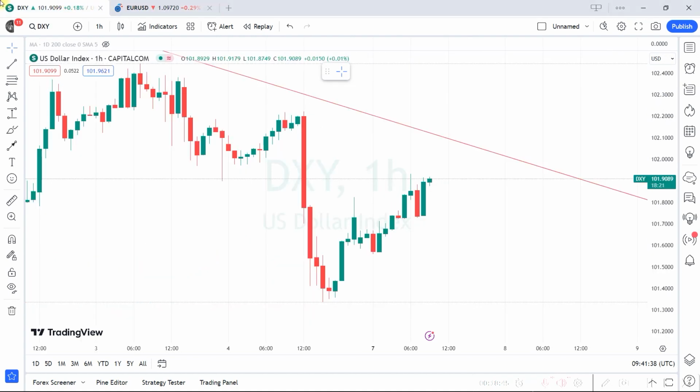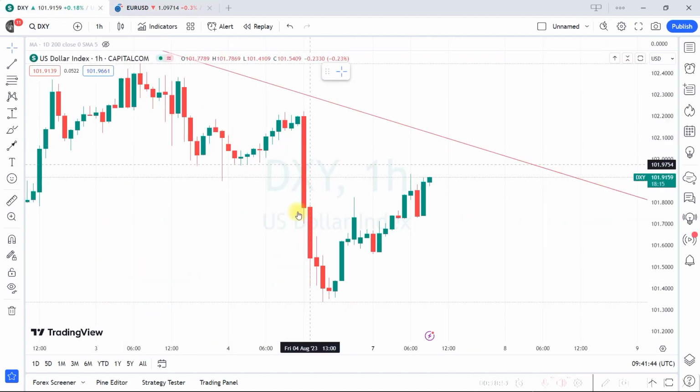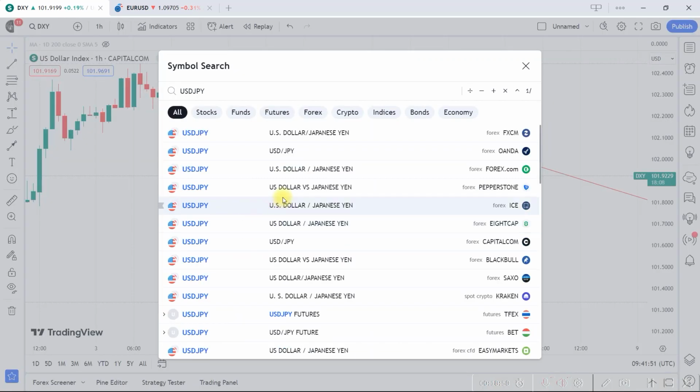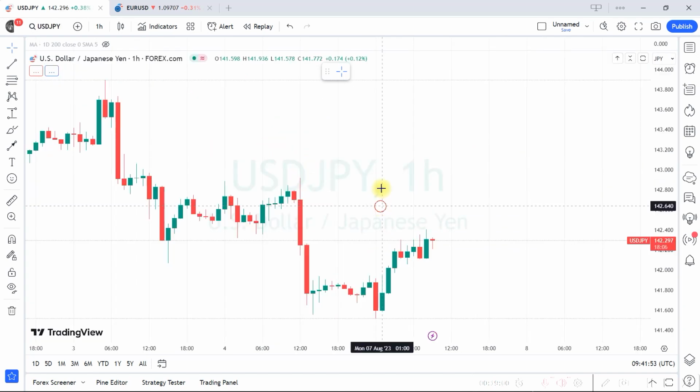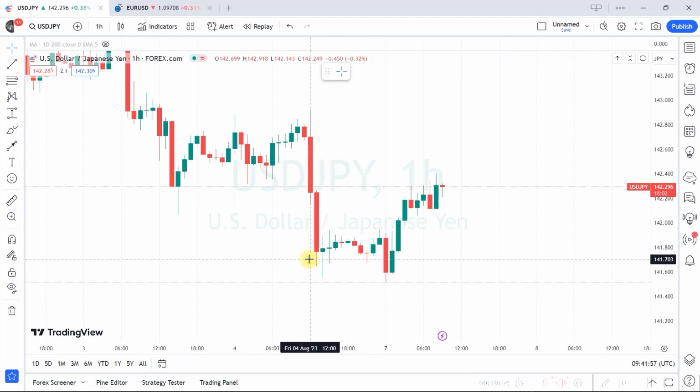Now we're going to compare another strong currency versus the weak currency, the weak currency in this case being the dollar. Let's look at the USD JPY. Here we are analyzing the NFP move on Friday.